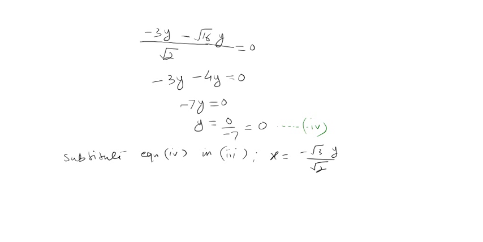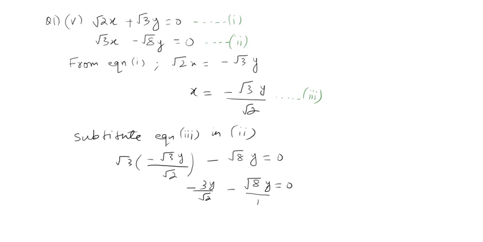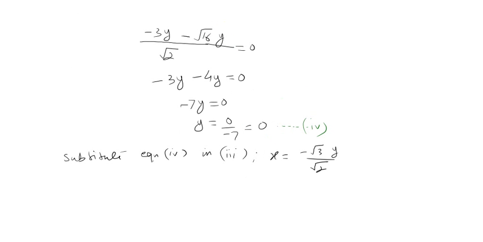This was the value of x. I've written the same thing here. And in place of y, I can write 0, because the y value is 0, and if we multiply anything with 0, the answer will be 0. So therefore x is 0, y is 0, both are 0, is the solution for this question. Right? Understood?